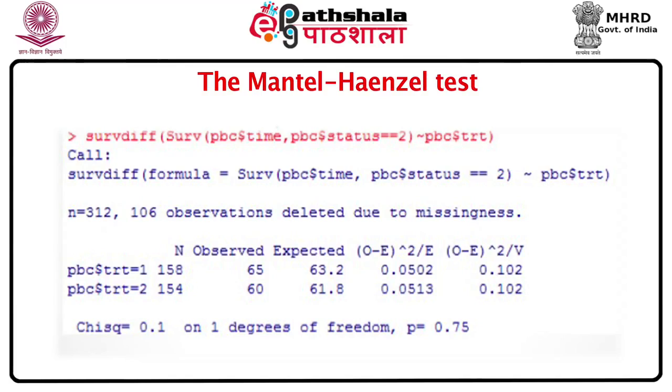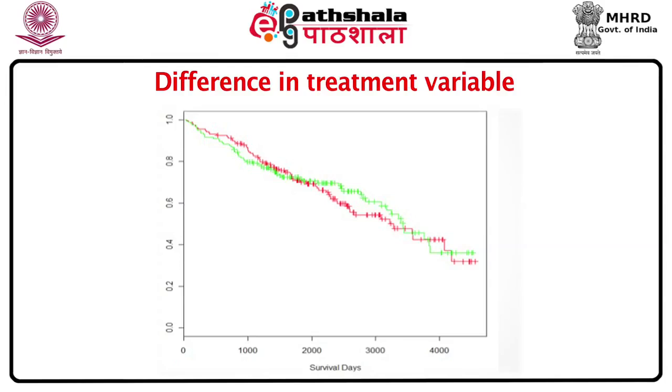So in any case, the summary chi-squared given in the last line of this output shows that the chi-square was 0.1 with 1 degree of freedom and a p-value of 0.75, and this indicates that there was no significant difference in the survival experiences of the two groups. Another way to see this could be to plot the Kaplan-Meier estimates for the two groups, and that is what has been done here.